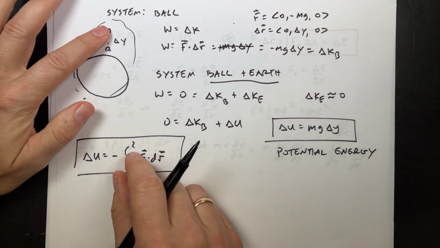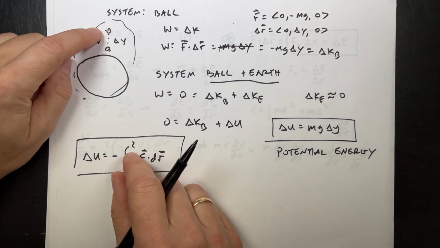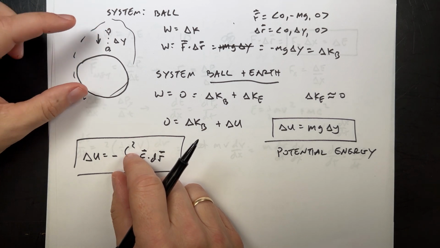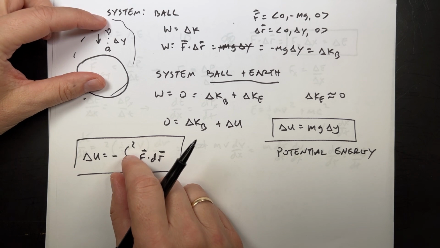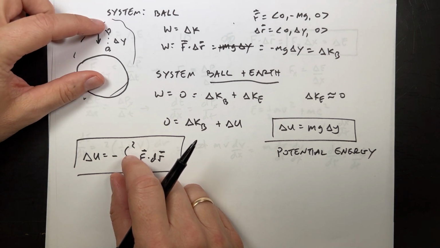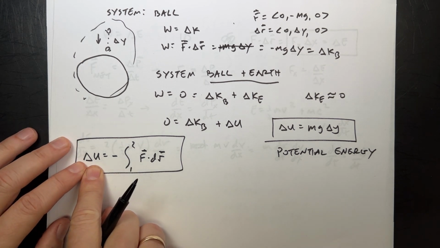Now, there's two things I can do here. I can have the system of the ball and do work done by gravity, or I can have the system of the ball plus the Earth and have no work done by gravity because it's not an external force, but then I would have a change in potential energy. This is a change in potential.